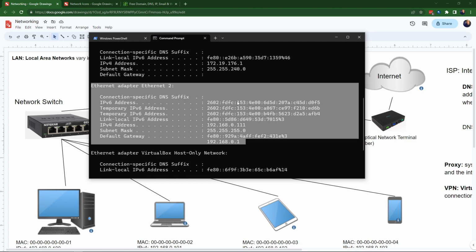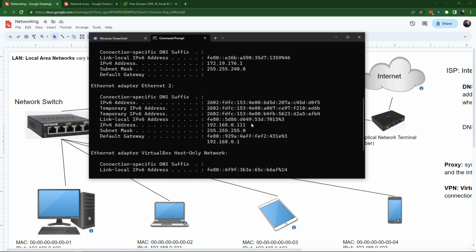That's because leading zeros can be omitted if we want to. And so like right here we would have 0153. So that's our IP version 6 address for my desktop computer. And then we have the IP version 4 address for my desktop computer, which is right there.